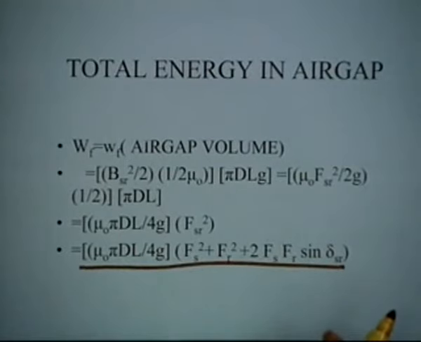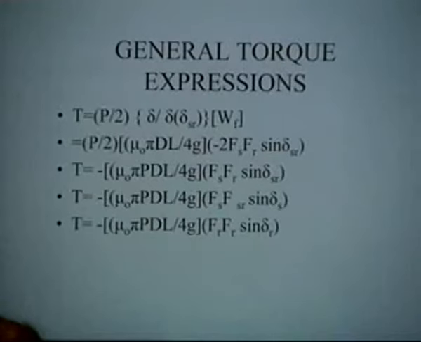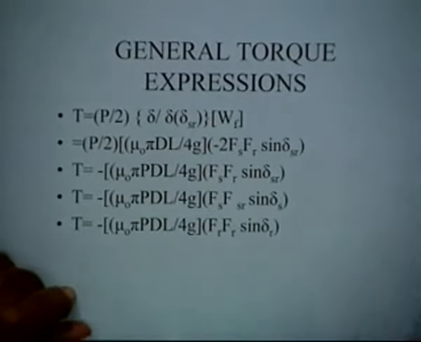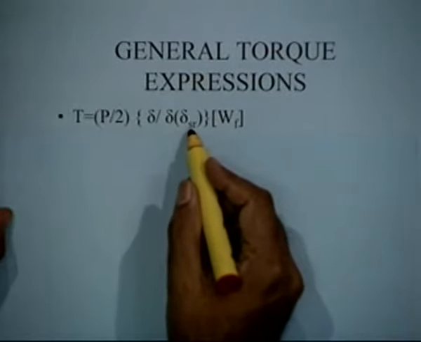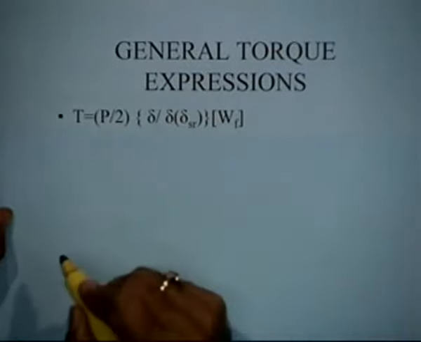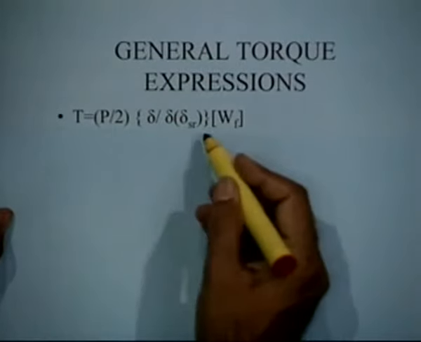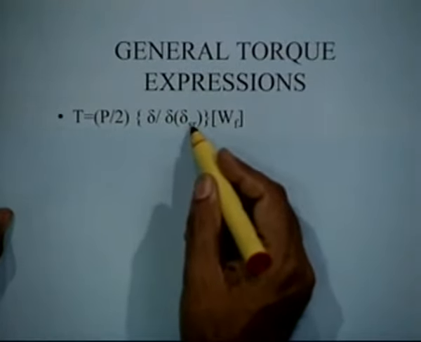Next, from the basic energy conversion principles, we have an expression for torque as a space derivative of the stored energy. So we take the derivative of that stored energy with respect to that angle.